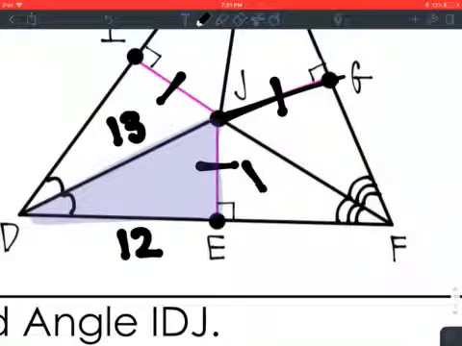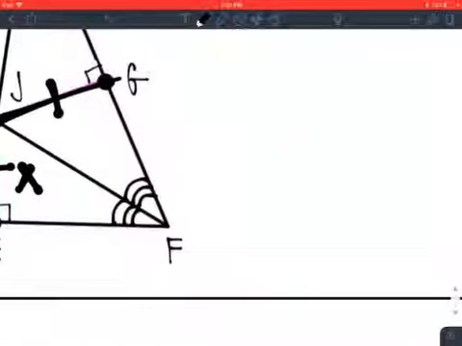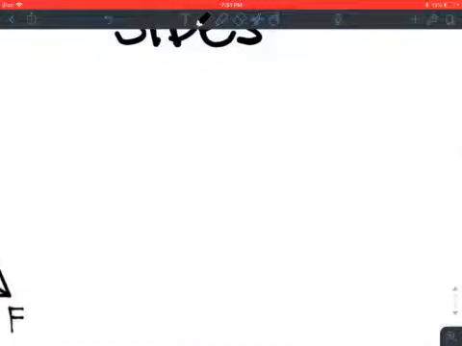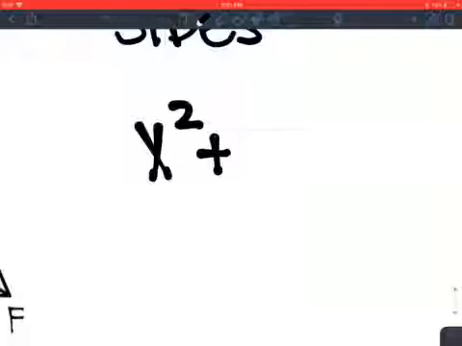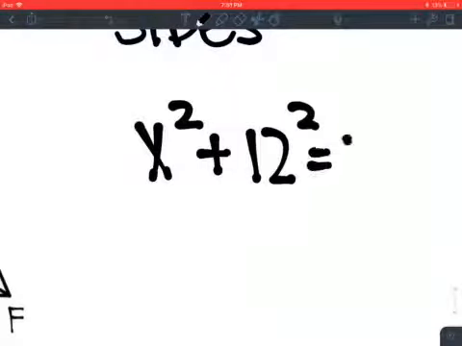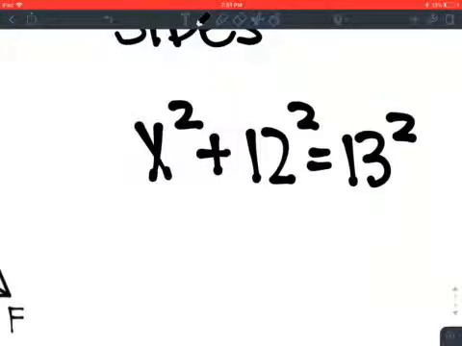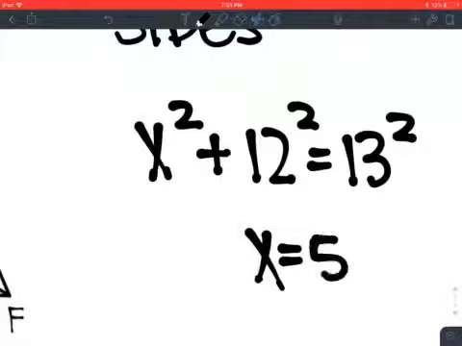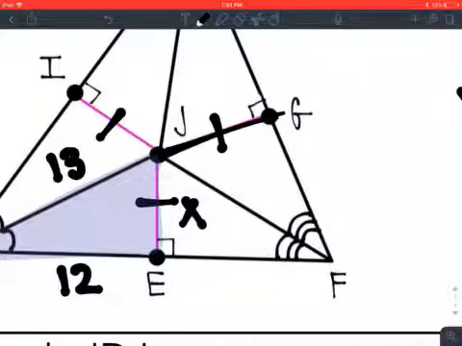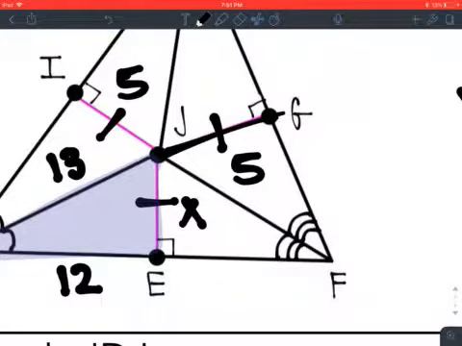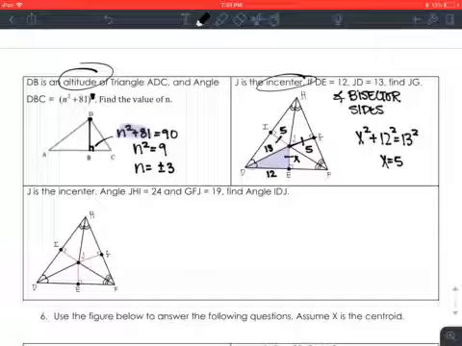So I'm going to let this be x, okay? 13 has to be my hypotenuse. That has to be my c. Doesn't matter how you plug in the x and 12, but we have x squared plus 12 squared is equal to 13 squared. And what you're going to find is x is equal to 5, which means that JE is 5, which means that JG and JI are also 5, okay?